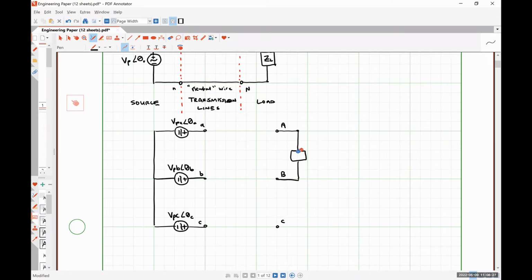I'm going to call this the LA, the LB, the LC, and again, we are going to connect our source side to our load side using transmission lines.